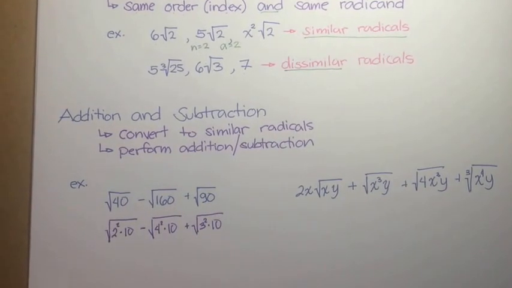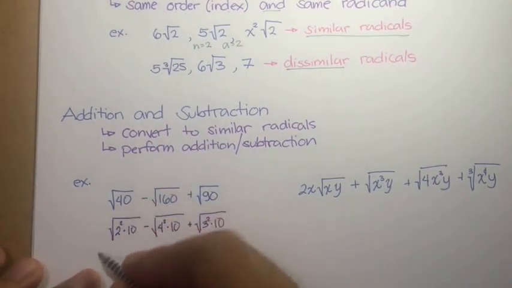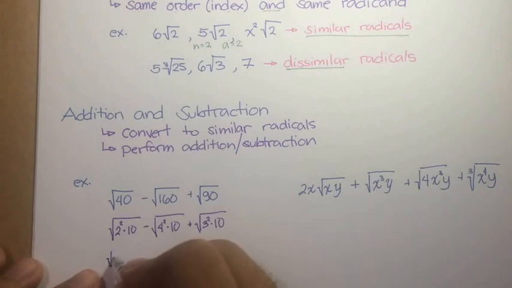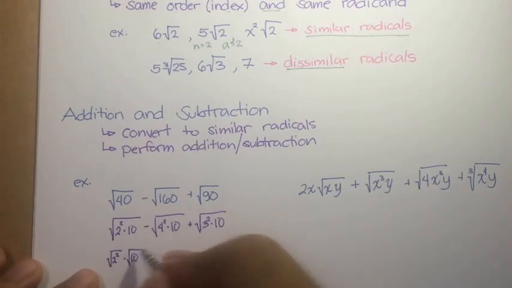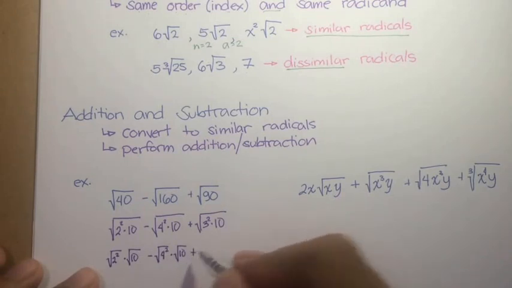Now, using one of the properties of radicals, I can rewrite this as the square root of 2 squared times the square root of 10 minus the square root of 4 squared times the square root of 10 plus square root of 3 squared times the square root of 10.